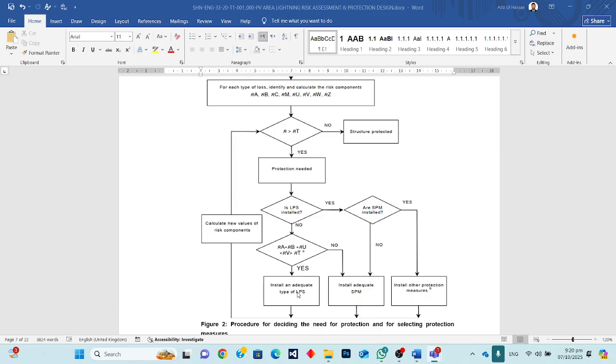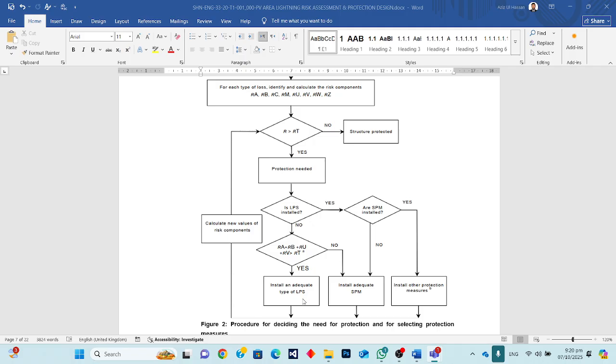If yes, install an adequate type of LPS, light protection devices like lightning arresters. If this risk calculation is higher than this, we have to install the lightning protection. But if this is less than the tolerable, no, install from the option above.